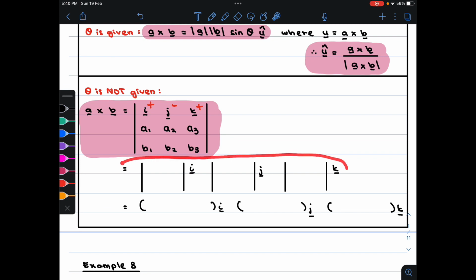In the next row, we're gonna do 3 determinants. The first determinant is for I, the second determinant is for j, and the third determinant is for k.